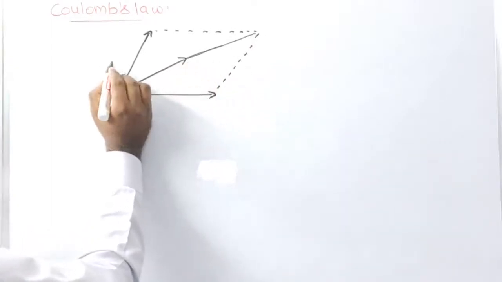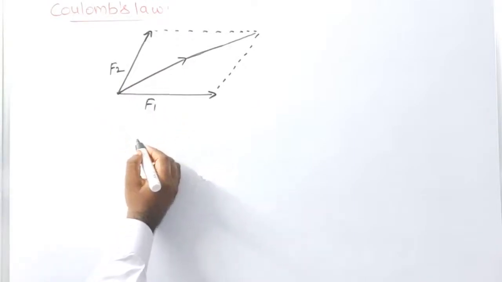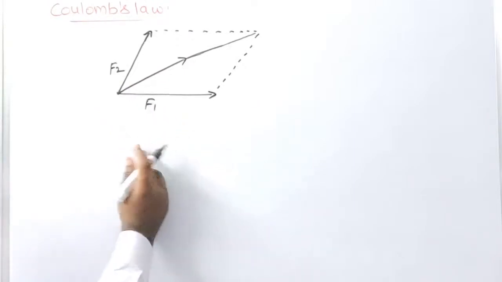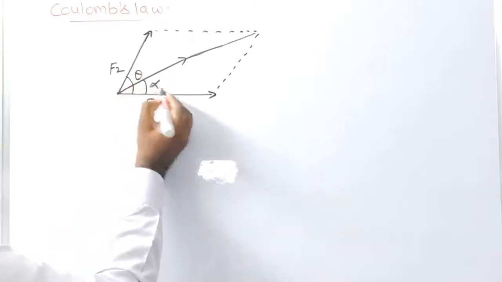This is F2 and this one is F1. The angle between them is theta, and the resultant angle is alpha.